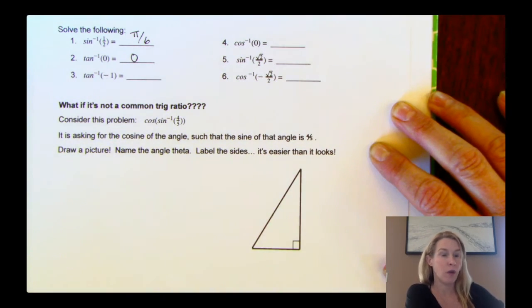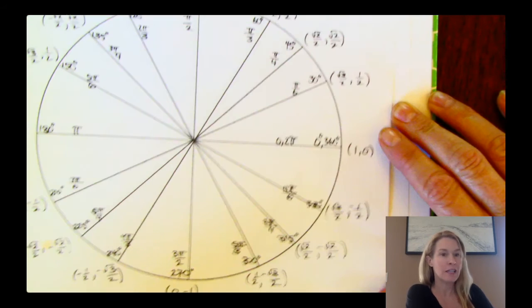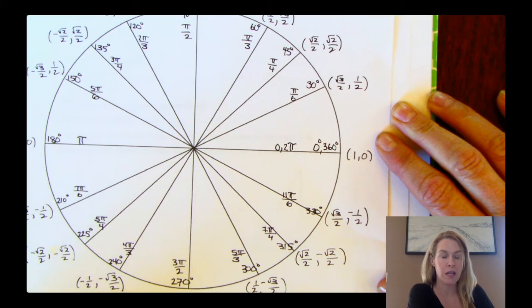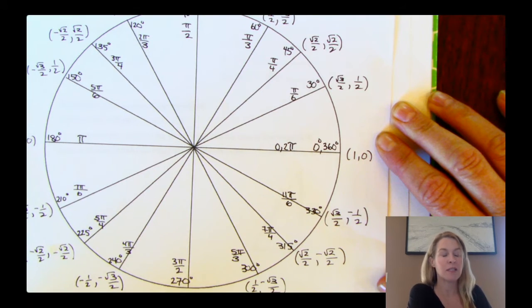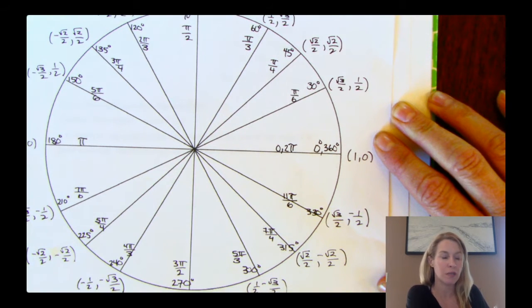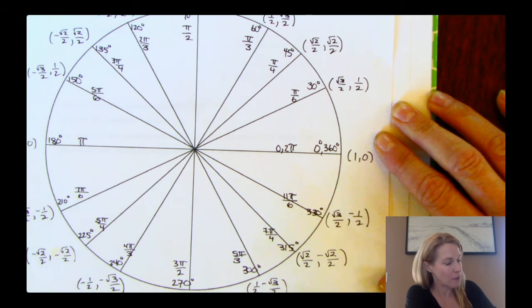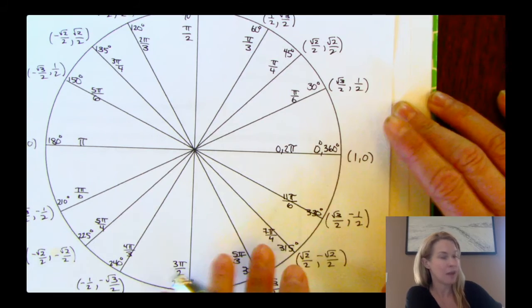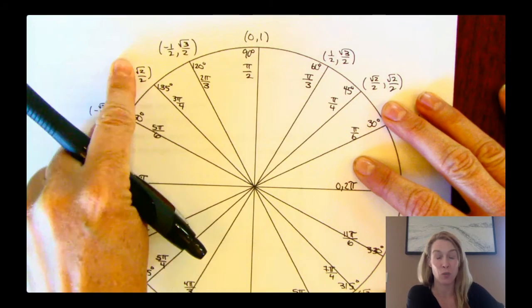Arctangent of -1, well, I need to look where sine over cosine is equal to -1. That means the sine and the cosine values are going to be exactly the opposite of each other. They're going to be the same value, but one's positive and one's negative. Well, that happens here, and that happens over here. So which one is it?